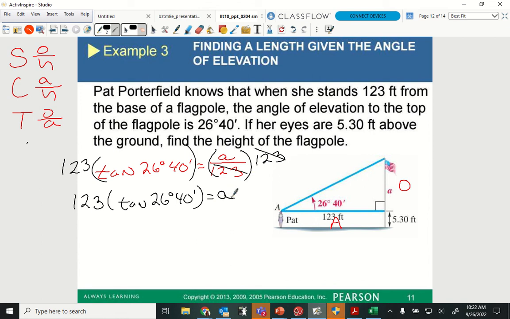And so once I get that by itself, then what? Calculator. Put it in the handy dandy calculator.